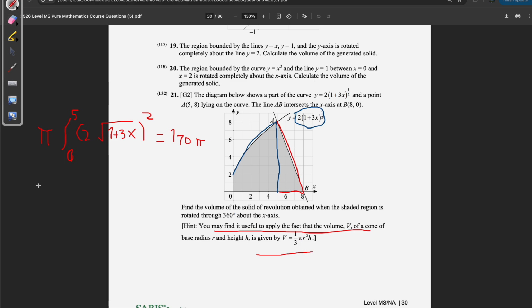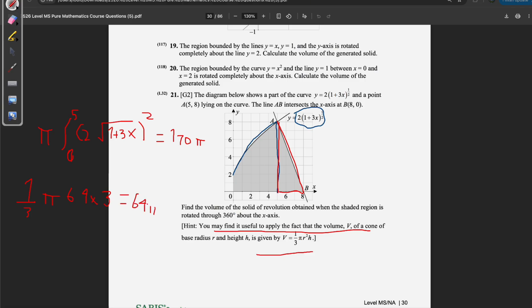Volume of the cone, they gave it, 1 over 3 pi r squared h. Height will be the horizontal, so from 0 to 5 is 3. So the radius would be the vertical. So from 0 to 8 squared, so 64, times the height, which is the horizontal distance, 3, which is going to give you 64 pi.